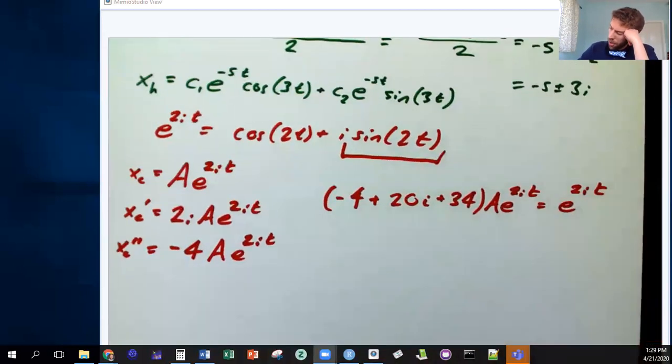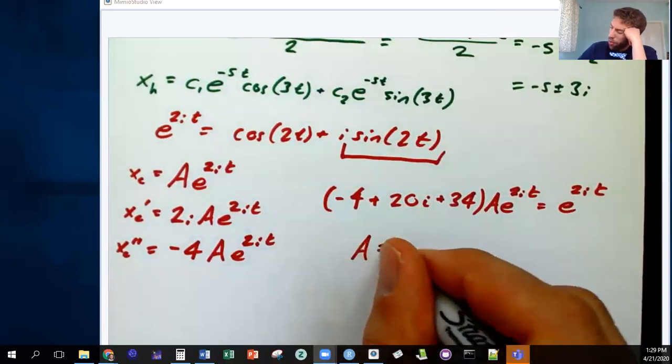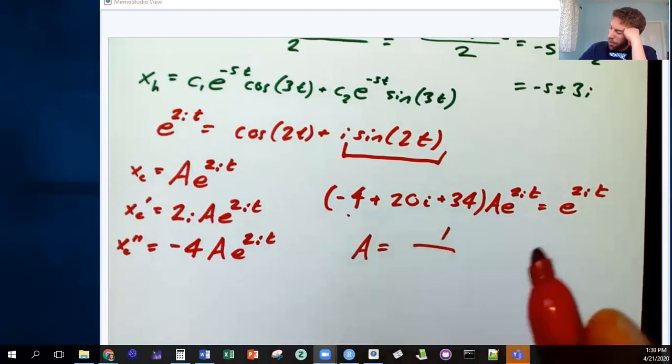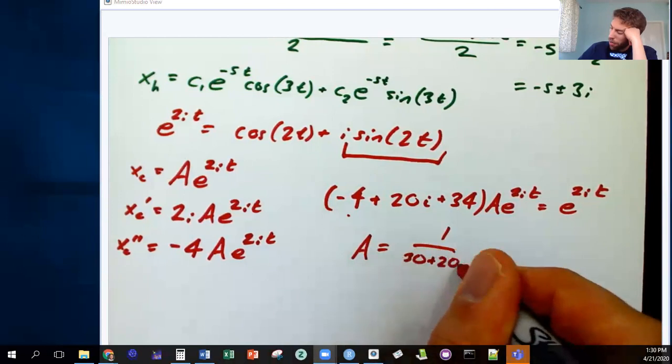Okay, so then we're asked to find a for that. So a equals 1 divided by this together, which is 30 plus 20i.